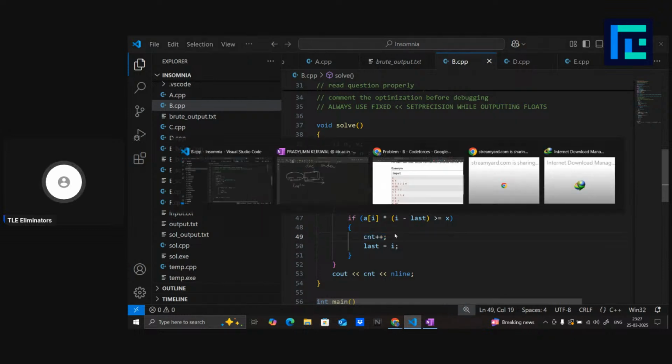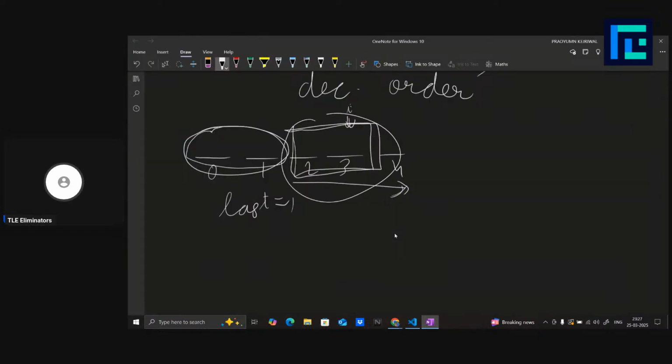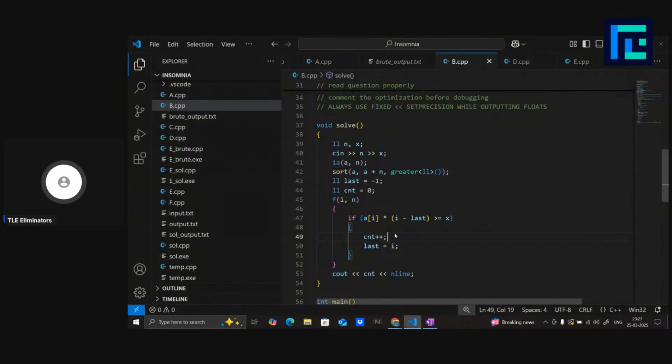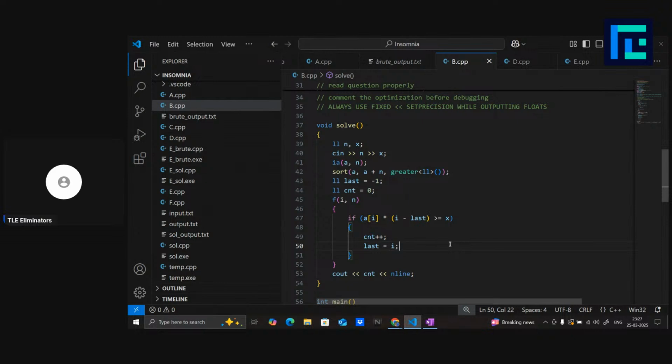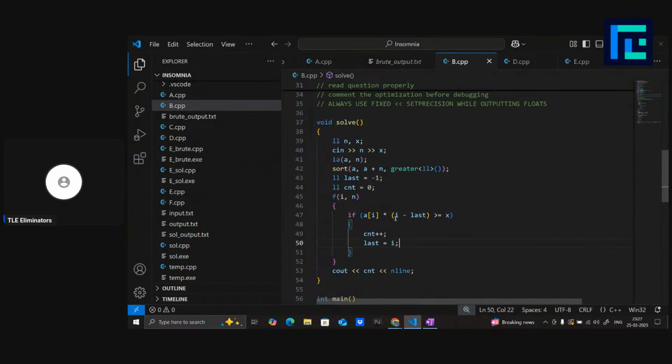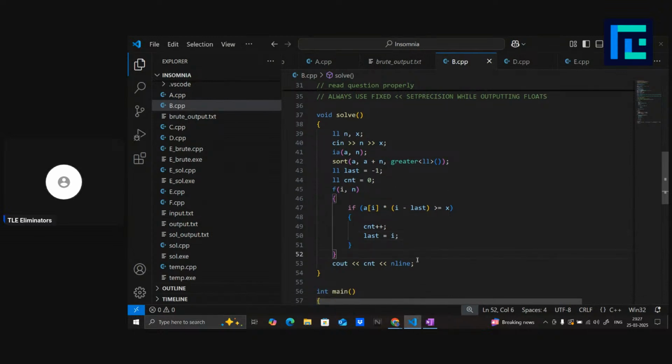Count plus plus means I am taking this team, so I am making this a team. And then I'll update last equals i. That means I am taking this i as my last element, updating the last as i. And finally I just print my count, the number of teams I was able to make.